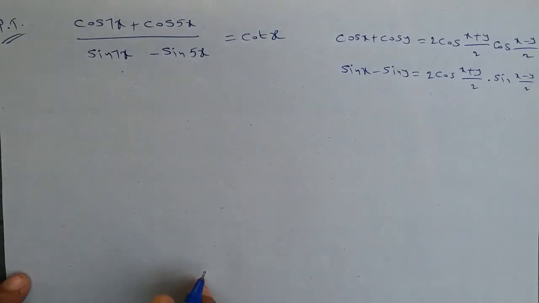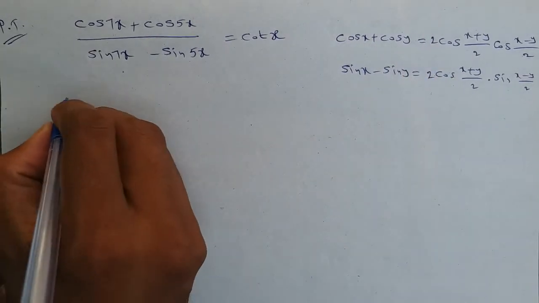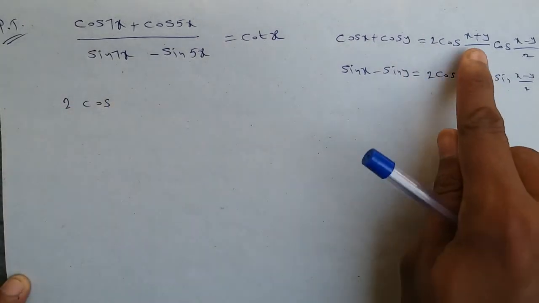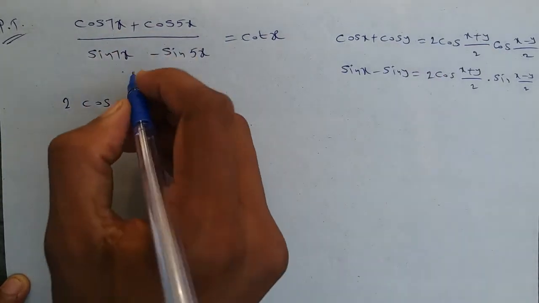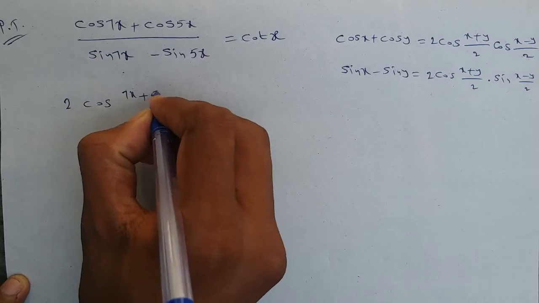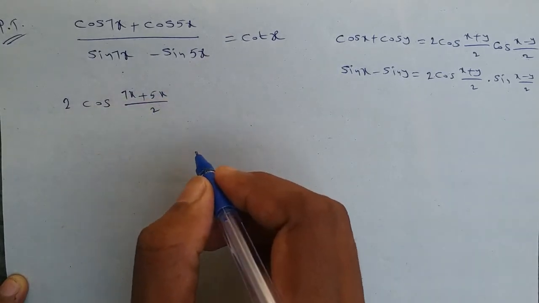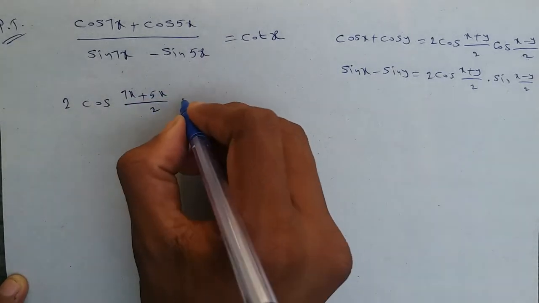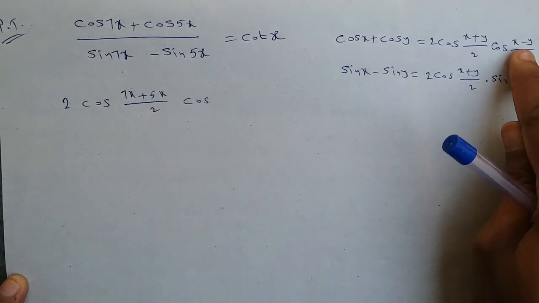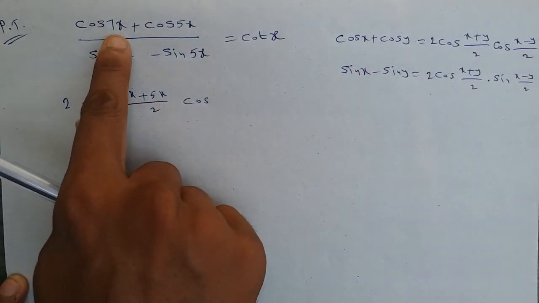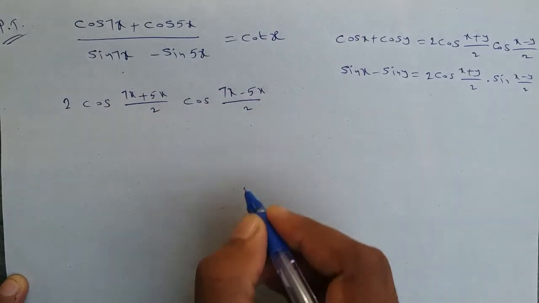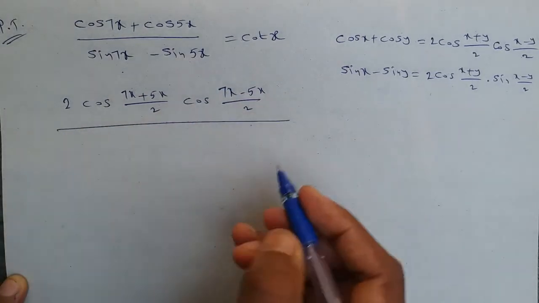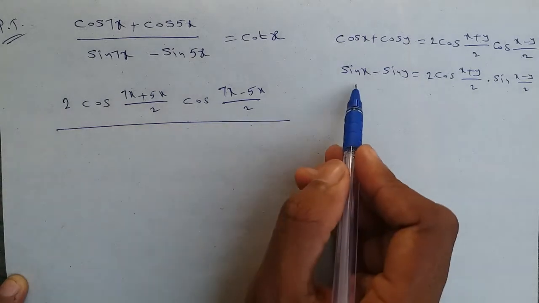Now let us substitute in that. 2 as it is, cos of x plus y by 2, that is 7x plus 5x by 2, into cos of x minus y, that is 7x minus 5x by 2, whole divided by sin x minus sin y now.